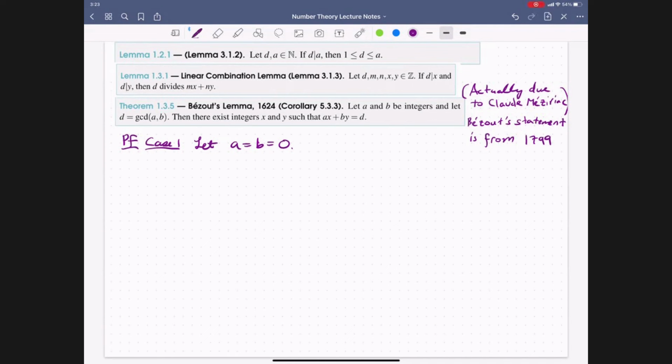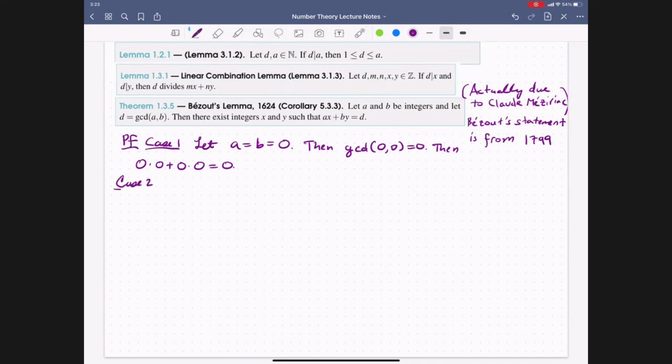So we're going to take a convention that the GCD of 0, 0 is equal to 0. With this convention, we get the result automatically. We can choose our integers x and y to be 0 and 0, because then we have 0 times 0 plus 0 times 0, which is equal to 0. And so we have shown Bézout's lemma in the easiest of cases.